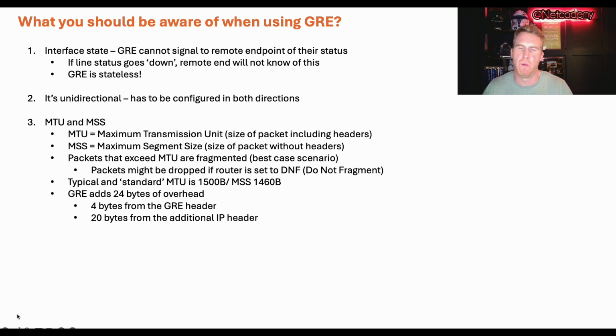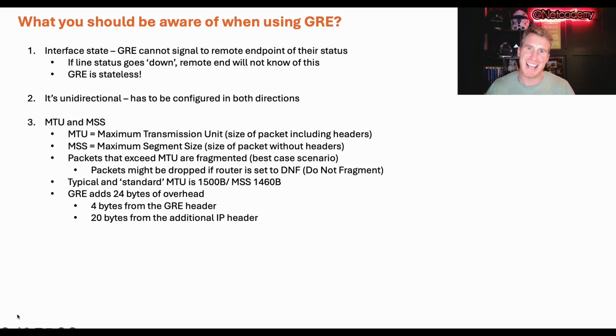MSS, on the other hand, maximum segment size, refers to just the payload itself. So the MSS is always going to be smaller in bytes than the MTU, because the MTU takes into account the overhead, and the MSS absolutely does not. And the typical standard configuration, regardless of vendor, is 1500 bytes MTU, which is about 1460 bytes MSS. Obviously, again, there's a difference there.